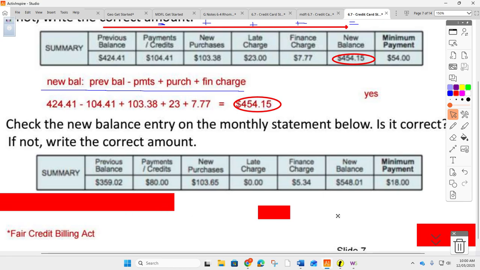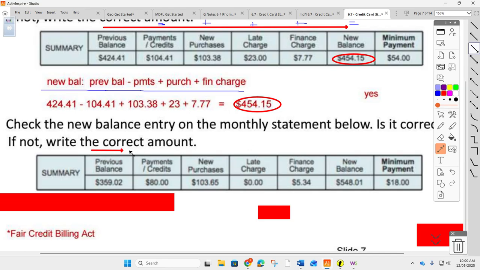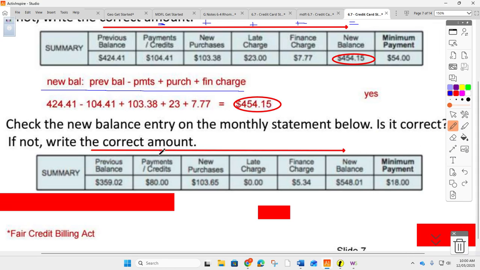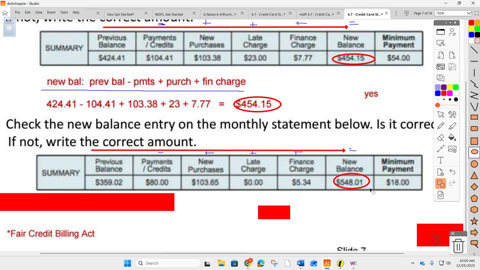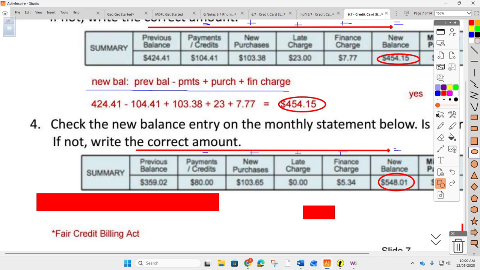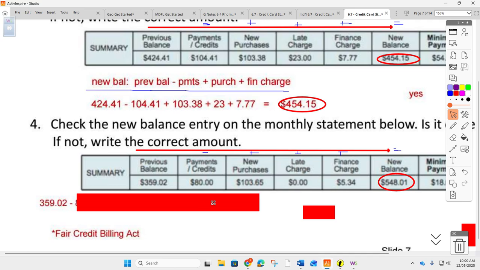Okay, we're going to do the same thing here, working left to right until we get here. This is the only minus, adding all these things together. And is it going to equal 548.01? That is the question. So the new balance minus your payments and credits, they've added everything together for you, plus your new purchases, they added all that together for you, plus any late charges, which there are no late charges, so there's not a number there.